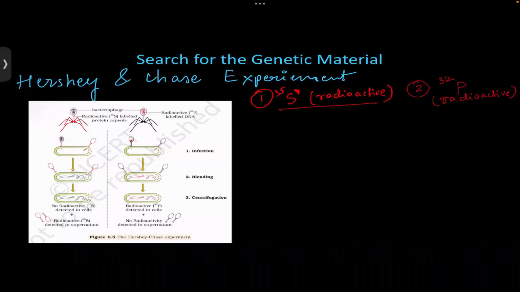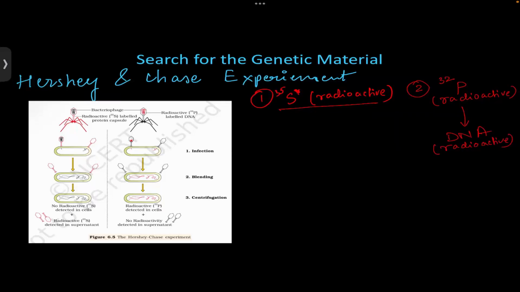If you recall the structure of protein and DNA, the backbone of DNA is made of sugar and phosphate groups. So this radioactive phosphorus will become part of the DNA, making the DNA of the virus radioactive.